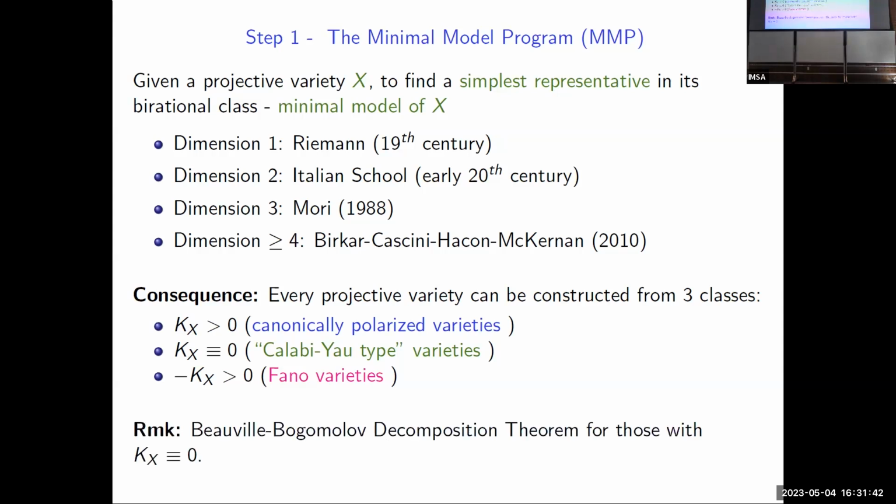And I wanted just to make a remark that for Calabi type varieties, so those with numerically trivial canonical class, there is a structure theorem, which is known as the Bogomolov decomposition theorem. It says that after finite étale cover, this variety may be written as a product of 2 types of varieties: abelian varieties, hyperkähler, and strictly Calabi-Yau varieties.